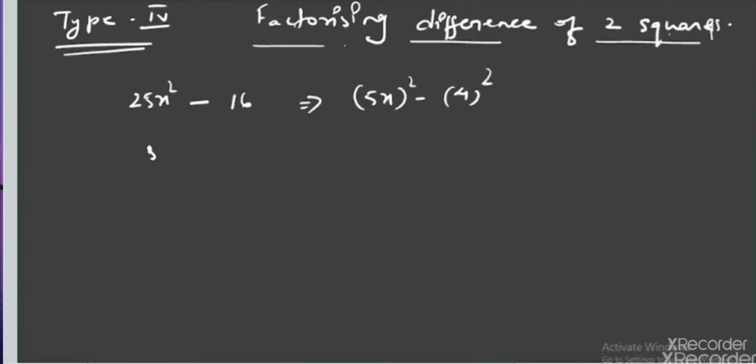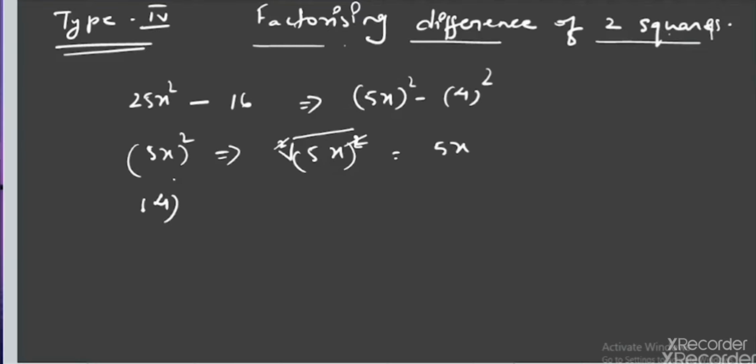The root of 5x whole square: under root, 5x whole square. The power 2 and the root cancel out, and you are left with 5x. Then for 4 square, find the square root of 4 square. The 2 and the root cancel out each other, and you are left with 4.